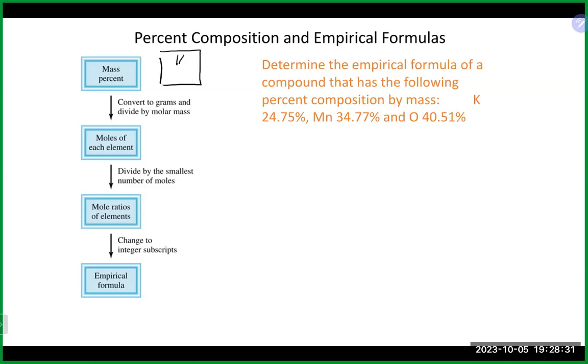So potassium is 39.10. Mn is I think it's 54.94. Getting old, I can barely read that periodic table, but I think it says that, I hope. And oxygen is 16 here. Get the magnifying glass out, maybe. I don't know. I'll hold it farther.